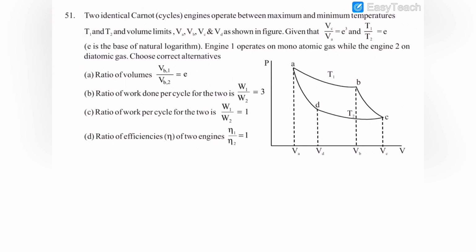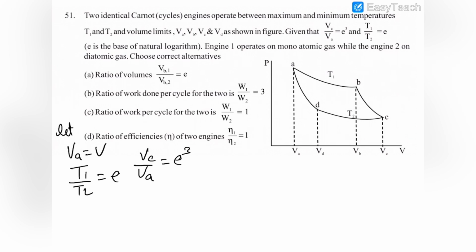So first of all, let us assume that Va is equal to V. So V is the same for all of them, and in the first process, the isothermal expansion, it is given that T1 by T2 is equal to e, and it is also given that Vc by Va is equal to e cube. So in the process B to C, this is an adiabatic expansion process.